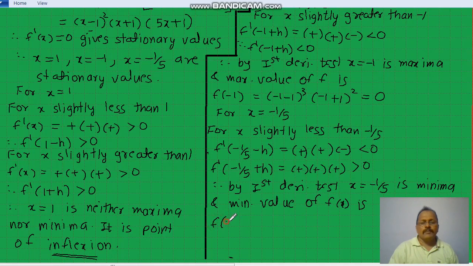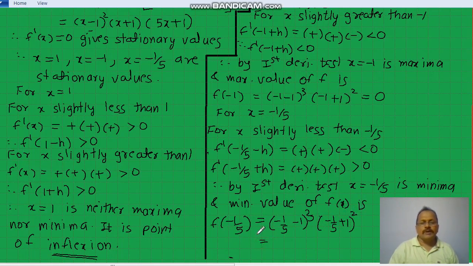f of minus 1 upon 5, that is, (minus 1 upon 5 minus 1) whole square, (minus 1 by 5 minus 1) whole cube, into (minus 1 by 5 plus 1) whole square.